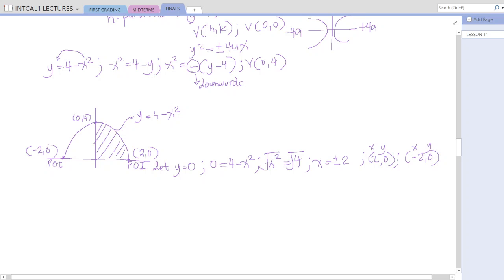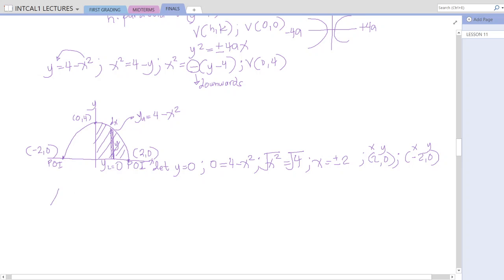So using the vertical strip, we are asked to get the area bounded by the curve and the axes, so it includes the y-axis and the x-axis here. For the differential strip, the thickness is dx, and the height is y upper minus y lower. The y upper is the curve, and the y lower touches the x-axis, so that is automatically equal to 0.